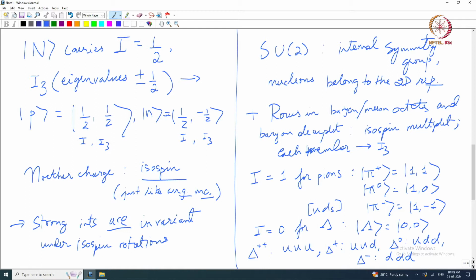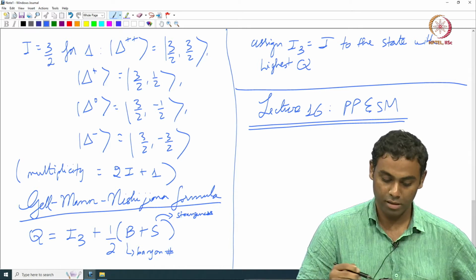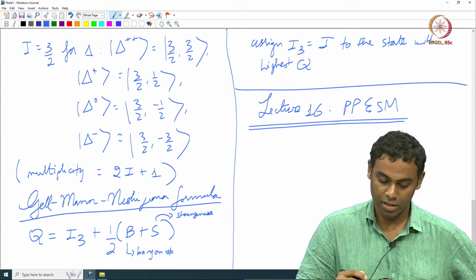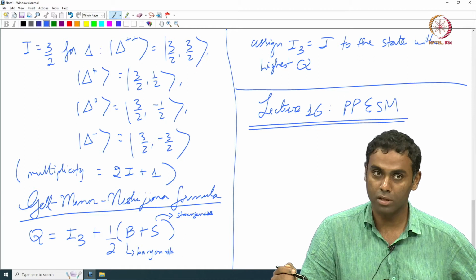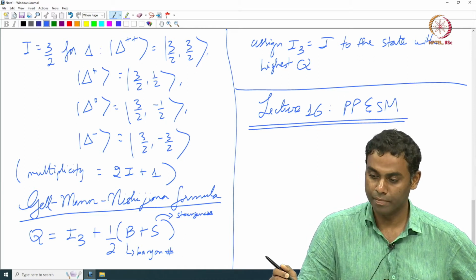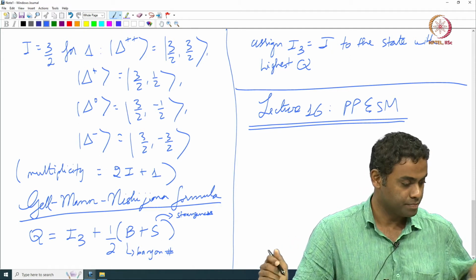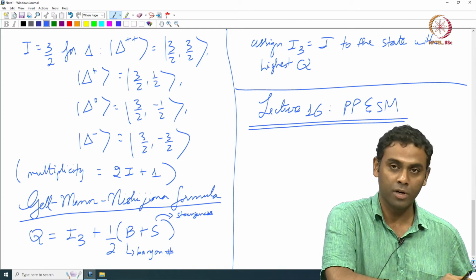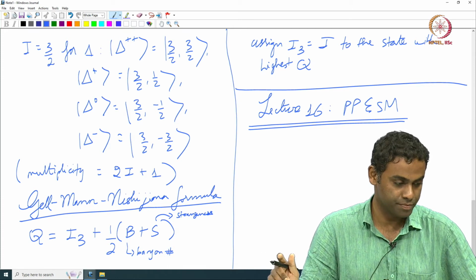We ended with the Gell-Mann-Nishijima formula that related the electric charge with the third component of the isospin, the baryon number and strangeness, and we saw that this is how you could assign the I3 quantum number given the electric charge. We will see further aspects of isospin here and work out some of the interesting consequences.